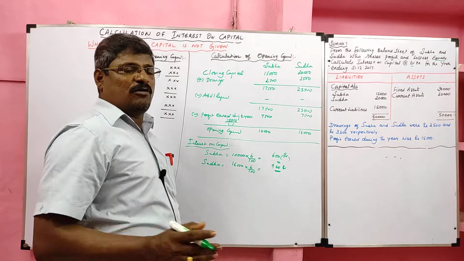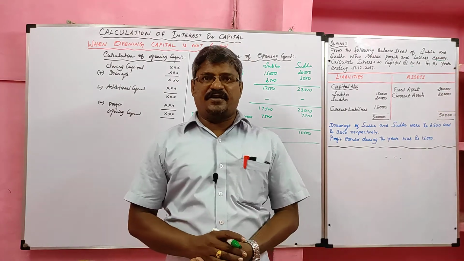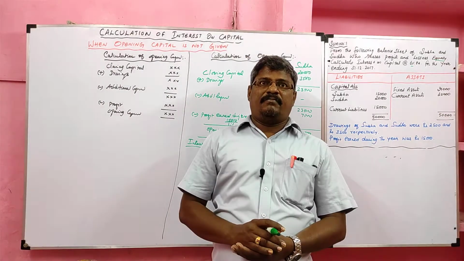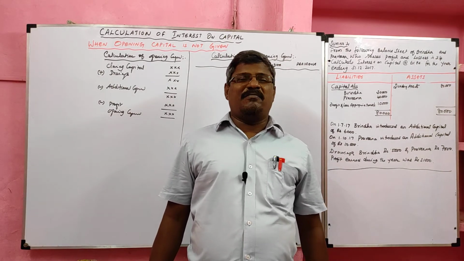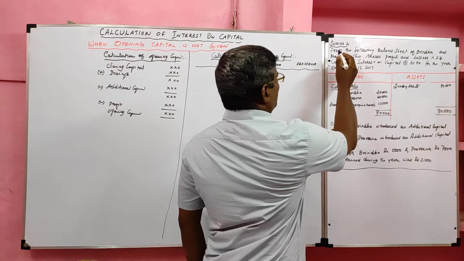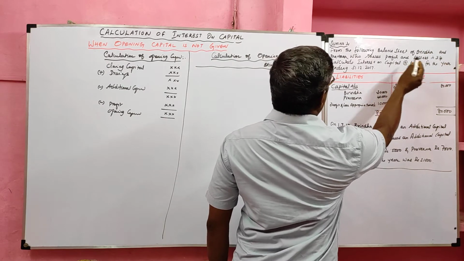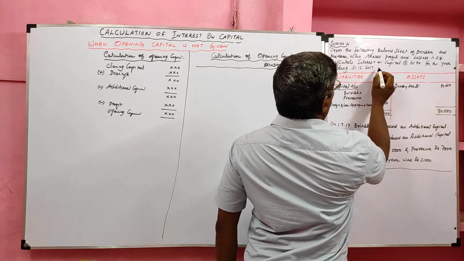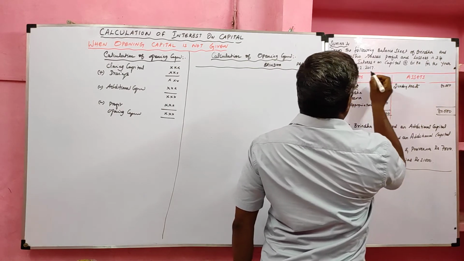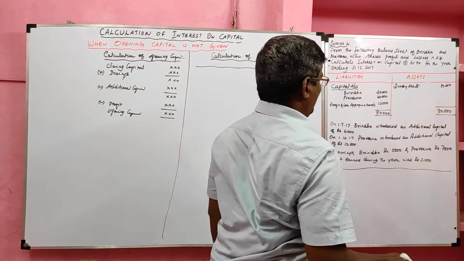Students, let me see one more problem in relation to the calculation of interest on capital. Look at the board. Sum number 2. From the following balance sheet of Brinda and Praveena, who shared profit and losses in the ratio of 3:4, calculate interest on capital at 6% per annum for the year ended 31st December 2017.